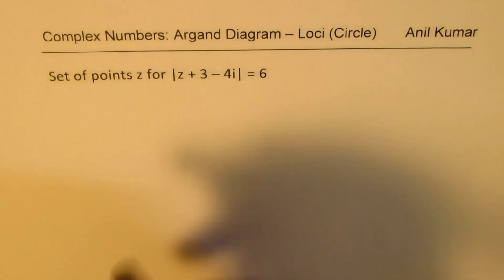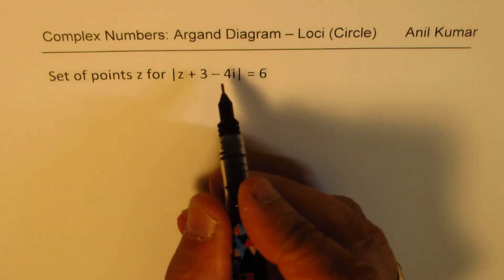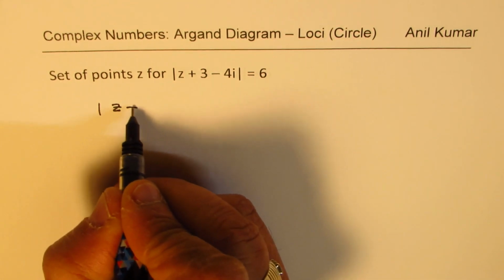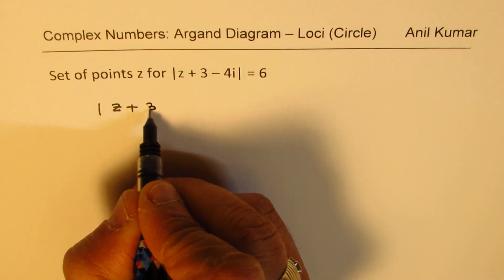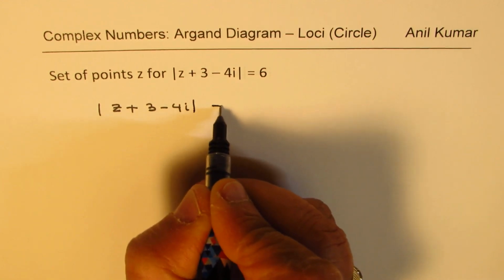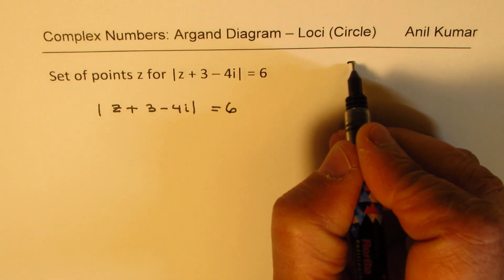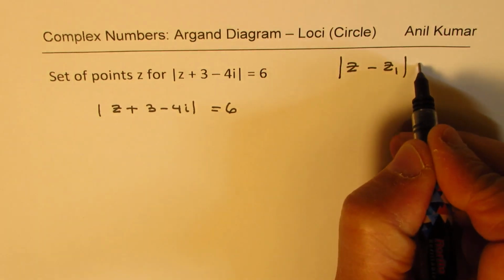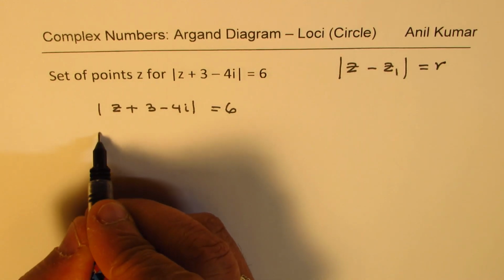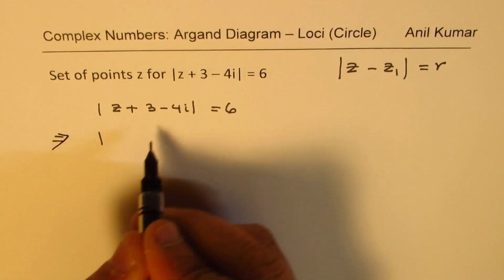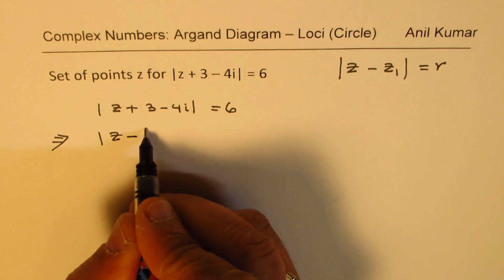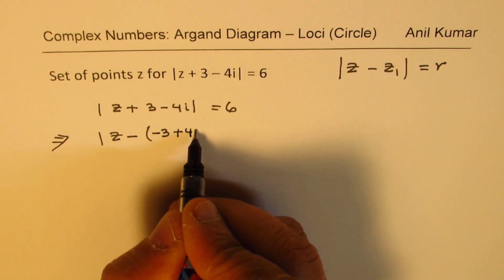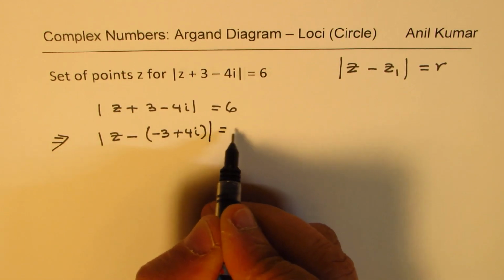So in this particular case, we have z1 as what? Let's rewrite this to understand the scenario. Now here we have a plus, do you see that? It equals 6. But we are always thinking about the difference between the two. So I have to rearrange this. I'll write z, taking minus common, I'll get z minus (-3 + 4i) equal to 6.